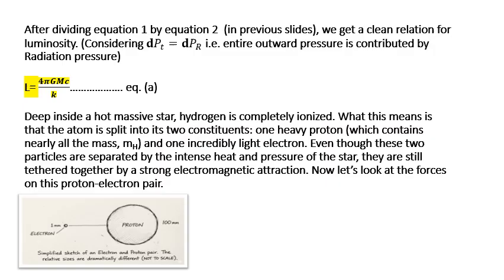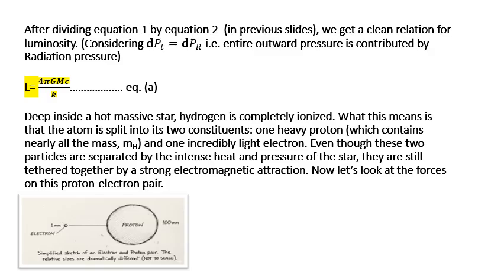Going on, we see that after dividing the equations from the previous slide, equations 1 and 2, the first being the hydrostatic equilibrium equation, the pressure gradient equal to minus G M rho divided by r squared, by the second equation, which is dP total divided by dr equal to F kappa rho divided by c.